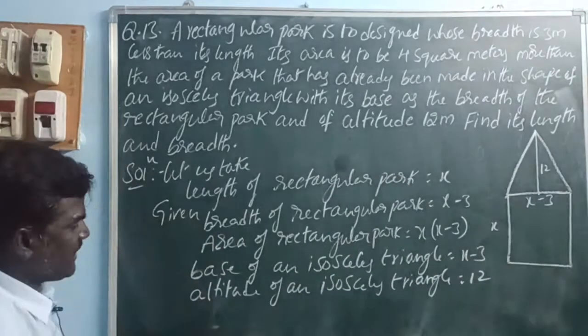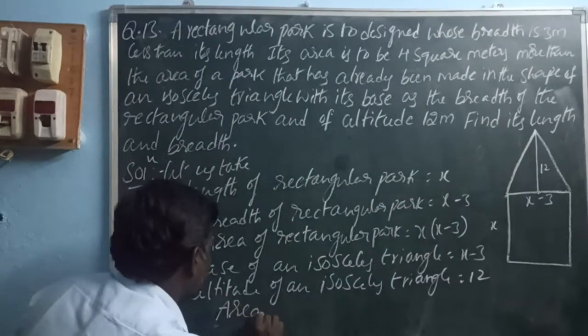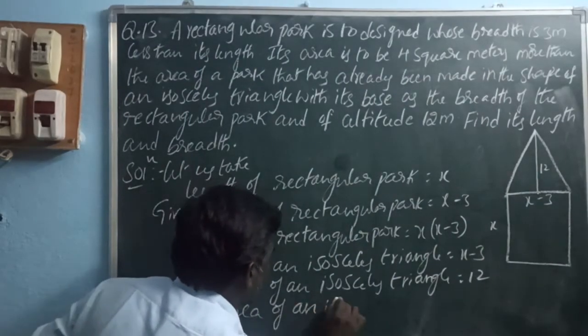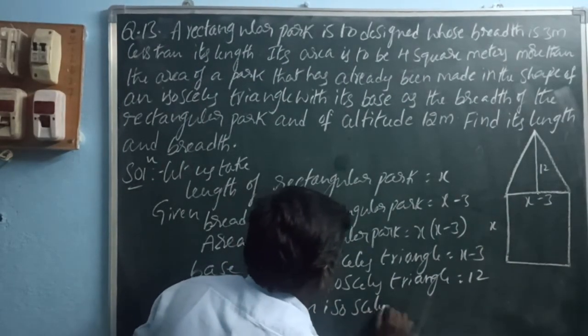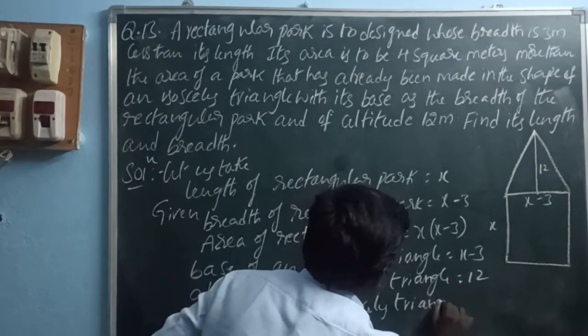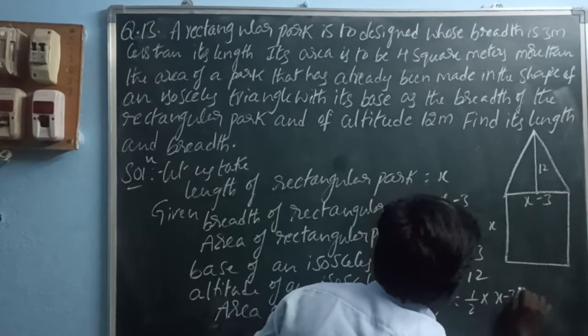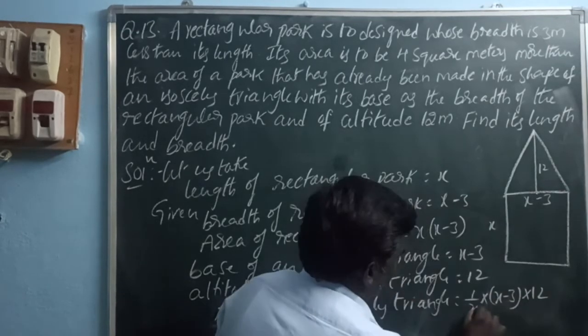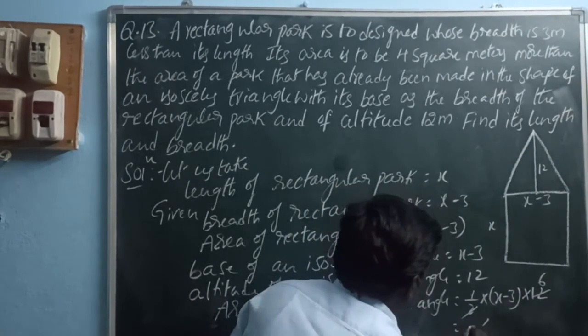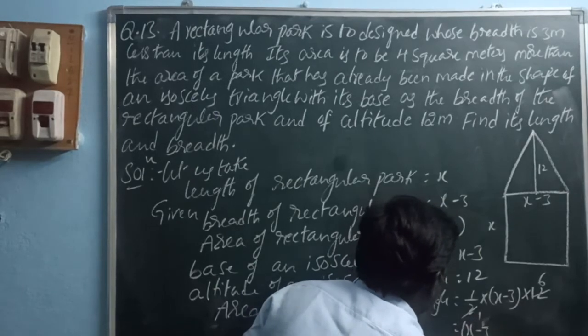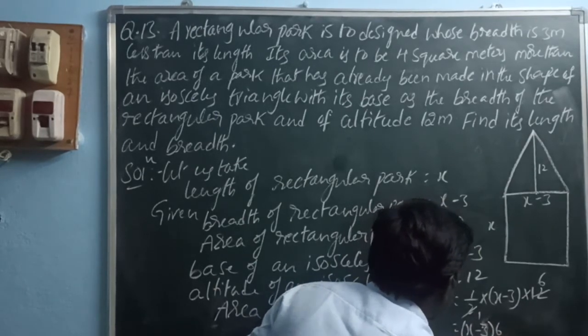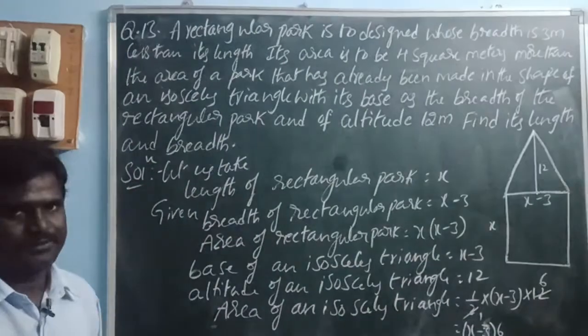Then the area of an isosceles triangle, what is the formula? Half into base into height, half into x minus 3 into 12. So that is x minus 3 into 6.